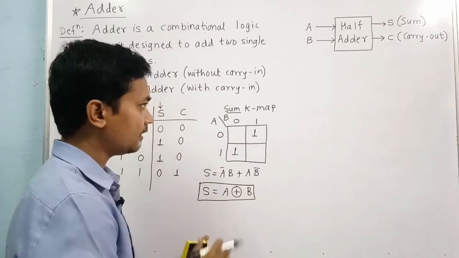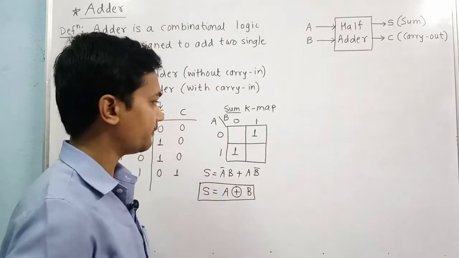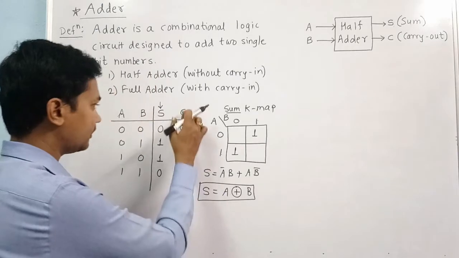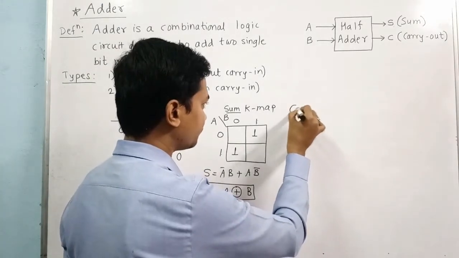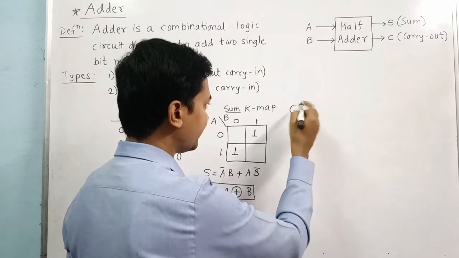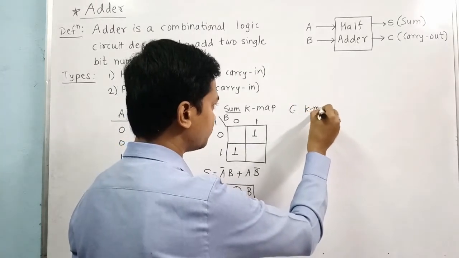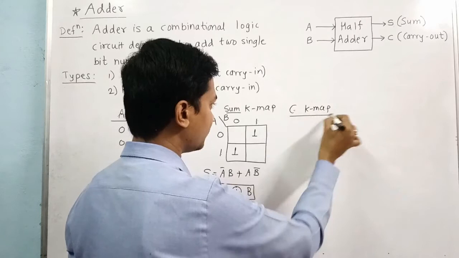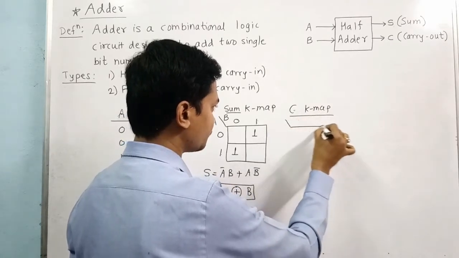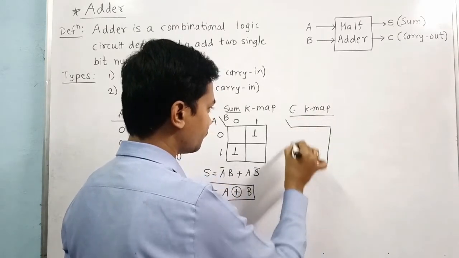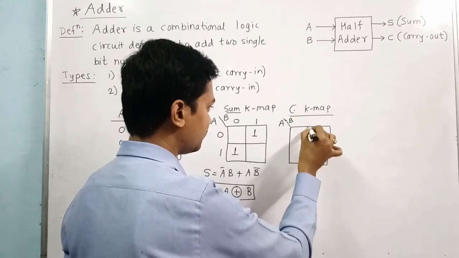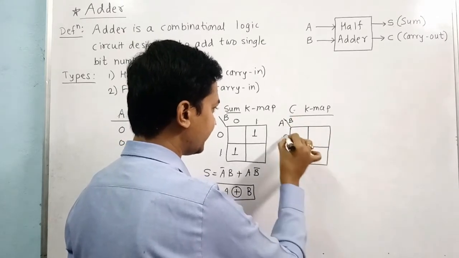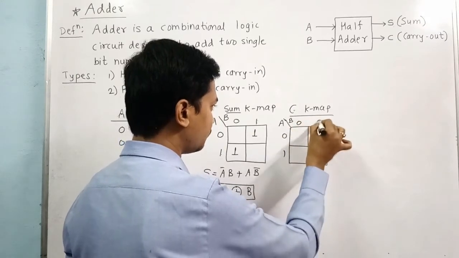So this is our sum expression. Now in the same way we will draw the K map for the carry out. For the carry K map, A and B, write the possible combinations, that is 0 1 and 0 1.